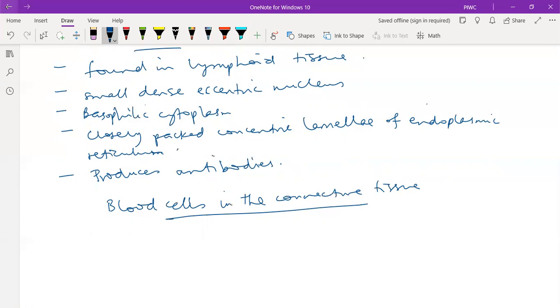So in it, red cells, neutrophilic and eosinophilic granulocytes, lymphocytes, and monocytes may be found, right? So you can find red blood cells. You can find the white blood cells. So the neutrophils.